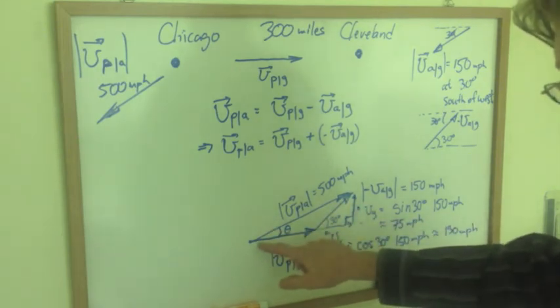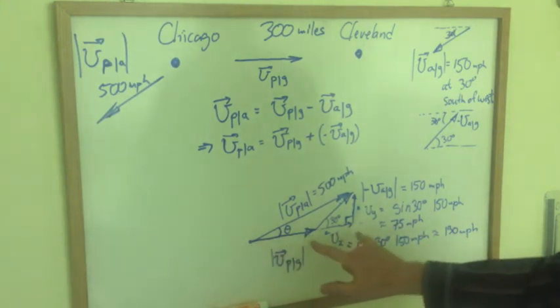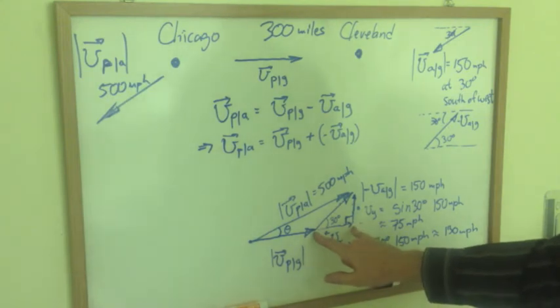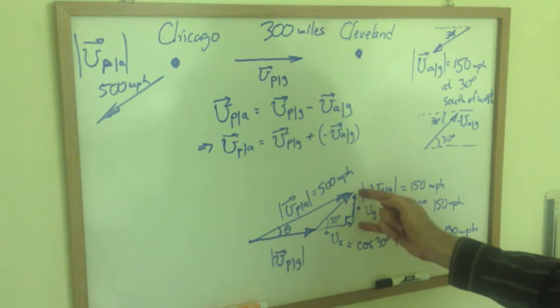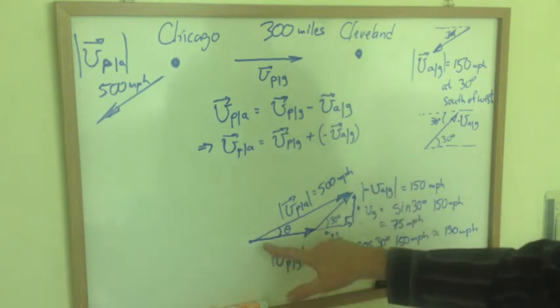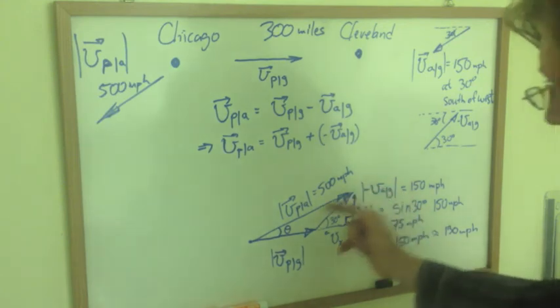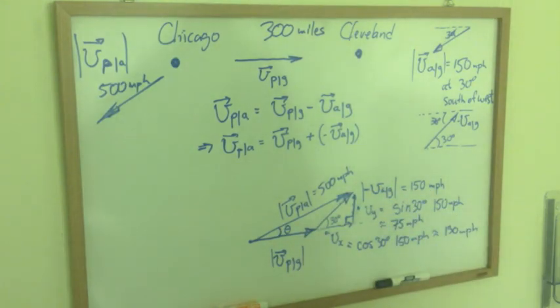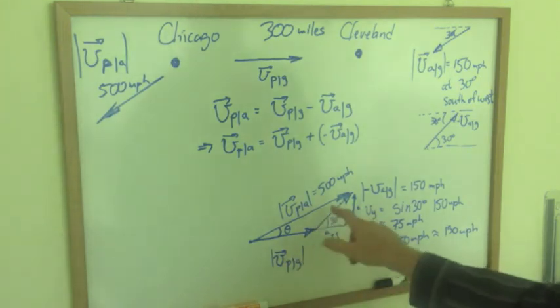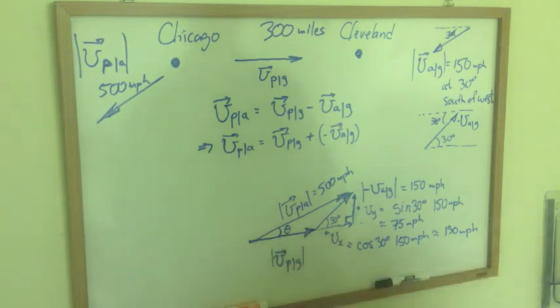But if we consider all the horizontal components, this vector and this Vx, the horizontal component of the wind, and we consider all the vertical components, which is just the vertical component of the wind, these do form a right triangle, and we can add them up horizontally independently, vertically independently, and use them to calculate the length of this vector.